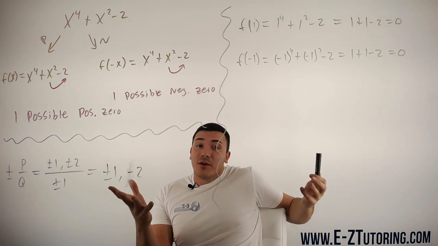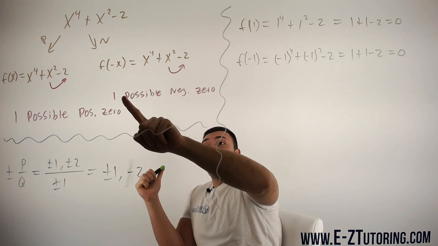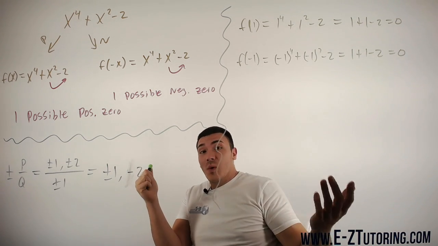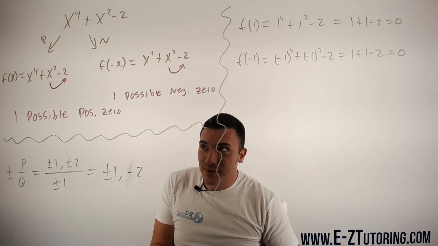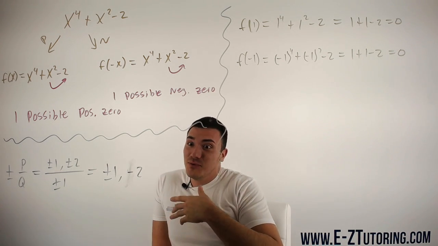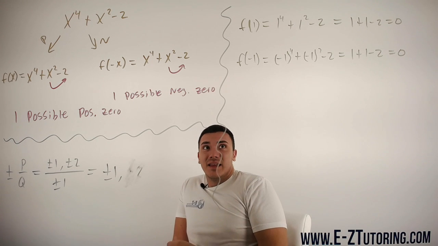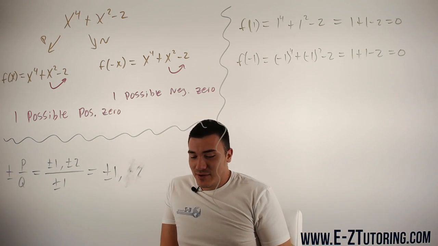Now, what does Descartes' rule of signs tell us? Descartes' rule says that we have only one possible negative zero. Well, we just found a negative zero, which means there are no more negative zeros. So that tells us that negative 2 cannot be a zero, that it's impossible. So that's how Descartes' rule of signs really helps you narrow down your zeros.